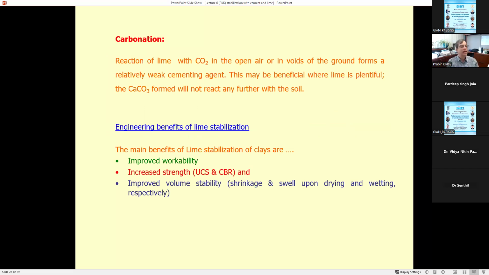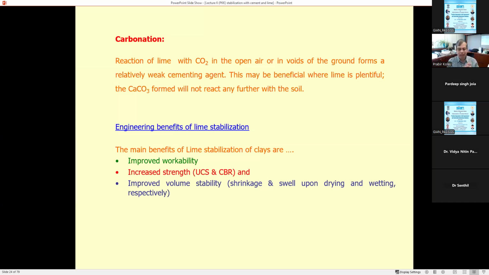Then the last one is the carbonation reactions. The carbonation reaction of lime with CO2 in open air and voids of the ground forms a relatively weak cementation agent. So if CO2 is formed, that is inert, so we don't want that. CO2 will not react further with the soil. If carbonation takes place, Ca plus CO2 forms CaCO3, so we want that.